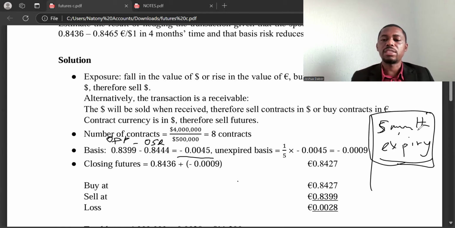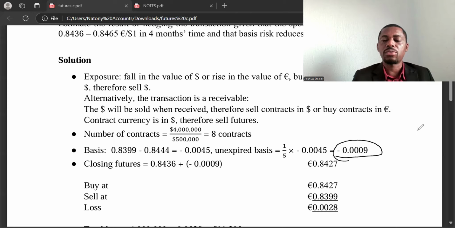So it does mean that the basis is also for 5 months. So how do you calculate the basis per month? It will be this basis that we've calculated here divided by 5. That will give you the basis per month, which is minus 0.0009. So that is the total basis.